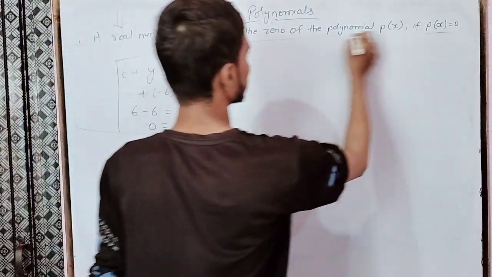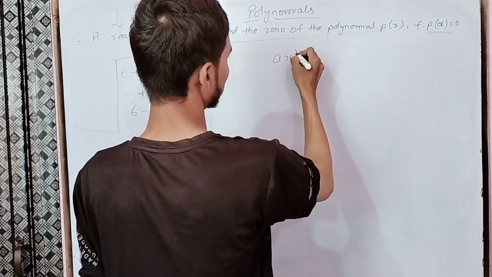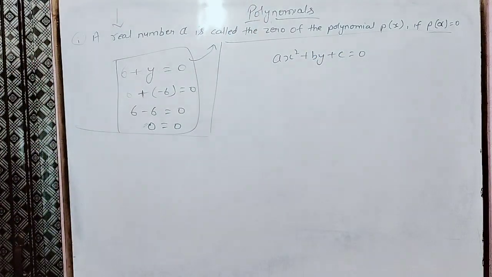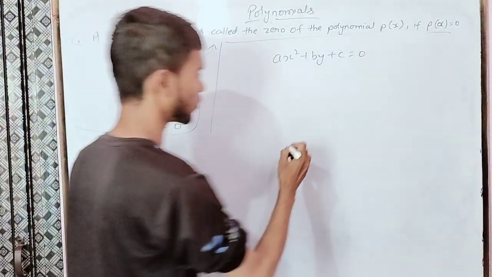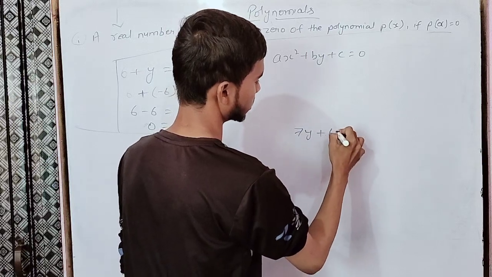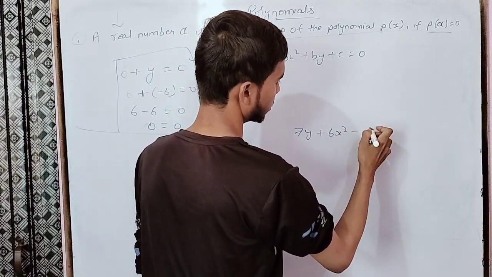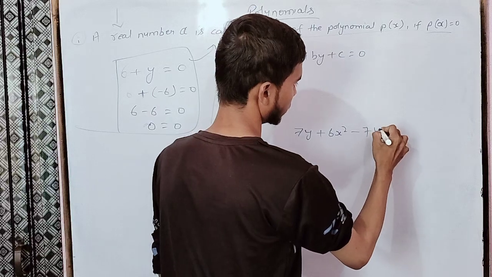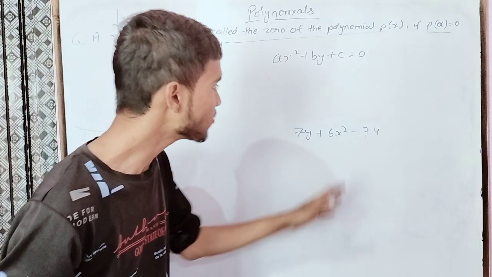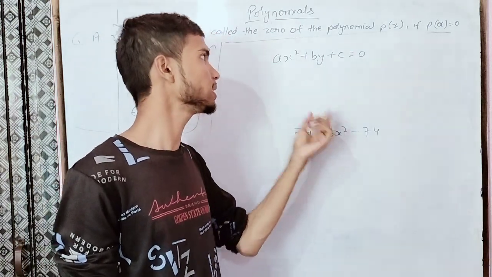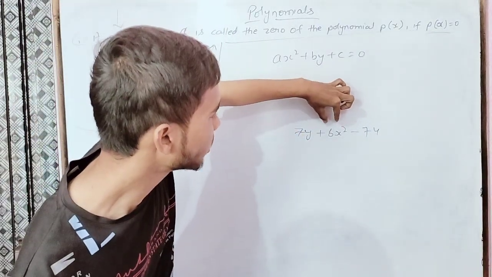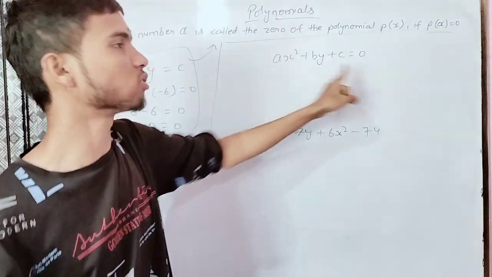This is the general form. You have a given polynomial, for example 7y plus 6x square minus 24, and the question is to convert this given polynomial into this form.